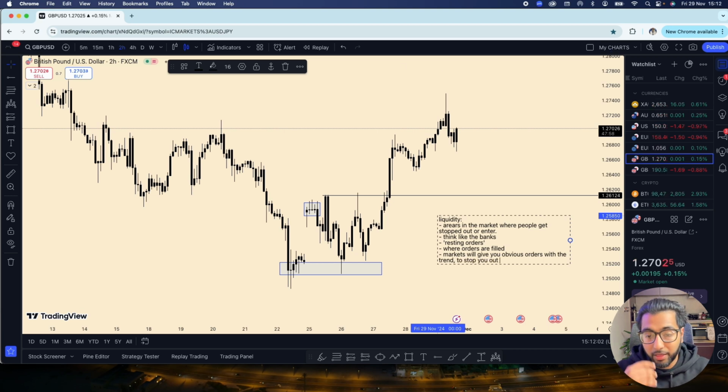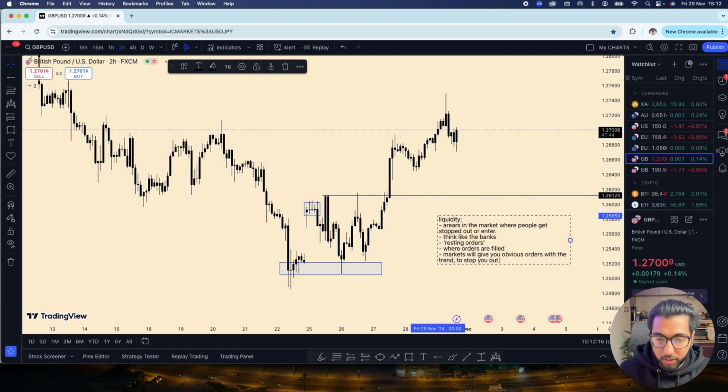What I mean by that is the market will give you an obvious buy, a premature buy or premature sell, for you to think, I need to enter, because if I don't enter I'm going to miss out on this move. Then it's going to stop you out, and then it's going to continue in your direction. And the last point, which I've been screaming out for a while: liquidity is like a magnet for price.